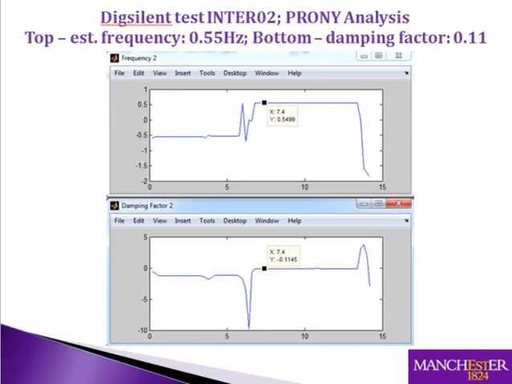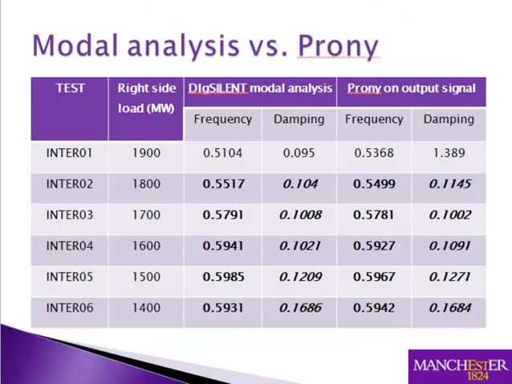And this is, for example, to get an idea what kind of interior oscillations we are to expect, around 0.55 Hertz and 0.11 damping factor, and Prony is doing again a good job in estimating this. And these are all the tests that we have performed, 6 tests in general.